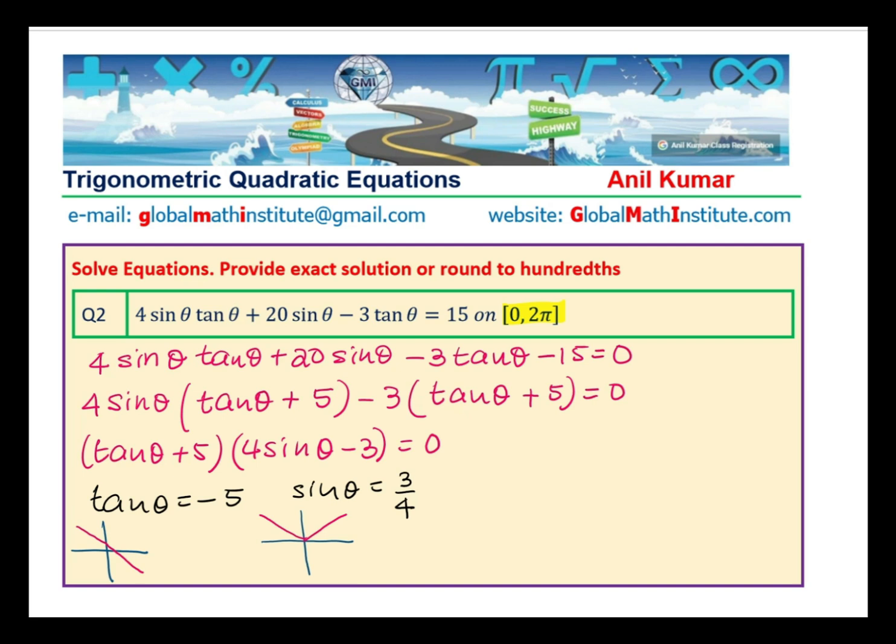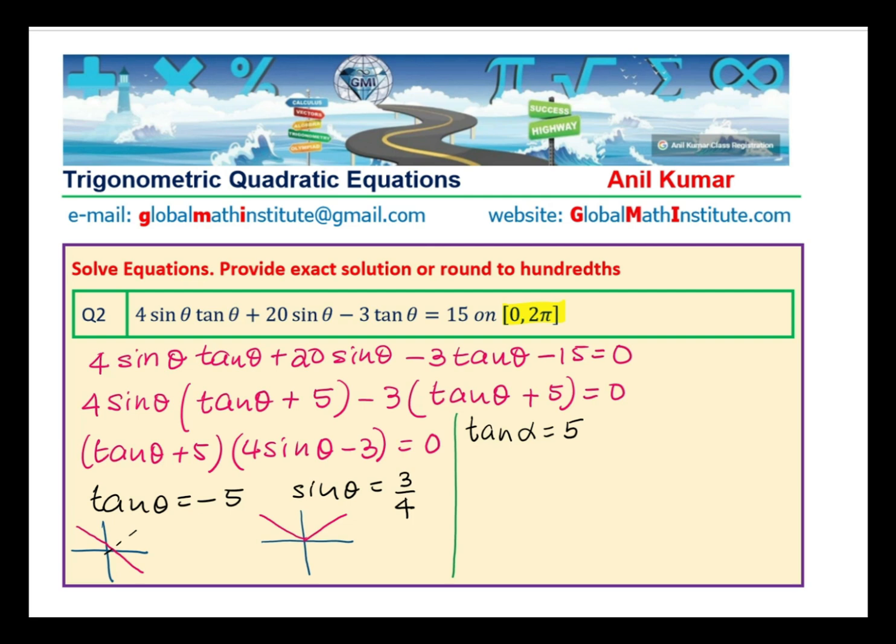Now in each case, we should find the related acute angle alpha and then get the other solutions, right? So for tan theta equals to minus 5, I'll write down tan alpha equals to 5, right? So we'll find the related acute angle in quadrant 1. Setting the calculator in radians, shift tan, that gives us tan inverse of 5, and we get 1.373.